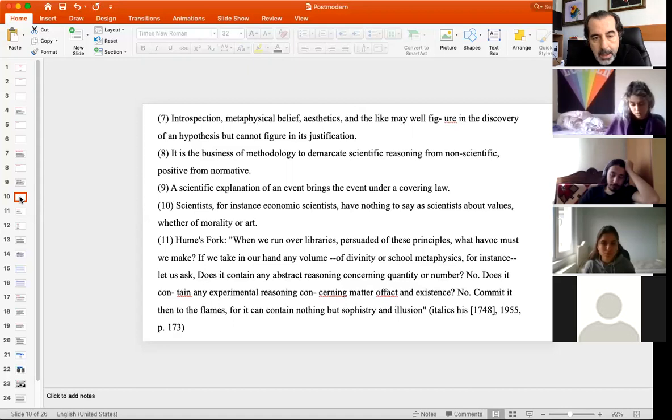Let us ask, does it contain any abstract reasoning concerning quantity or number? No. Commit it then to the flames, for it can contain nothing but sophistry and illusion. It has nothing to do with science.